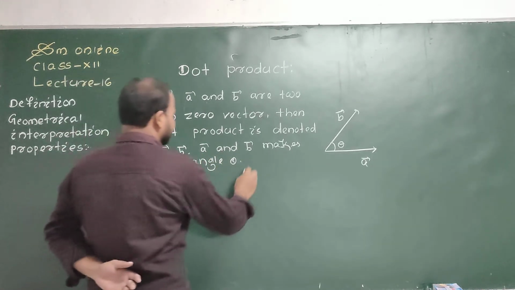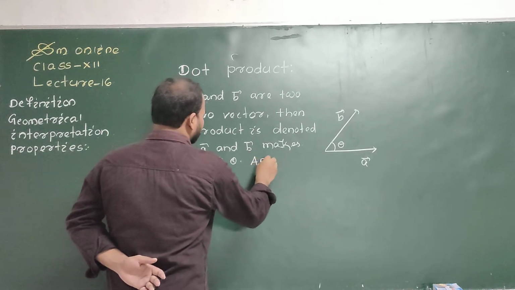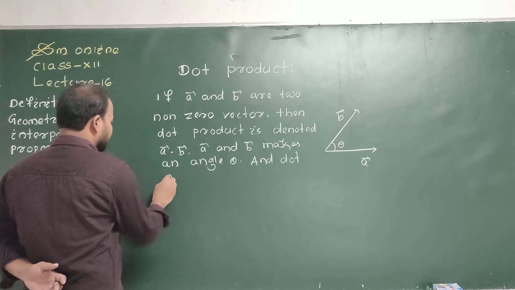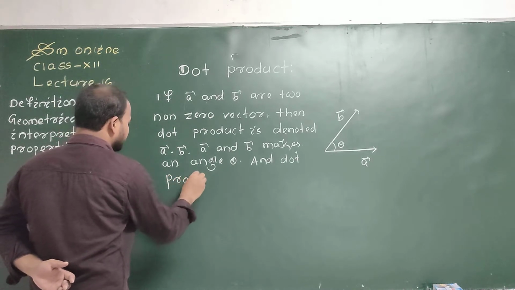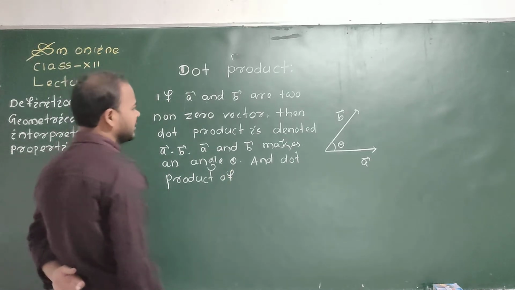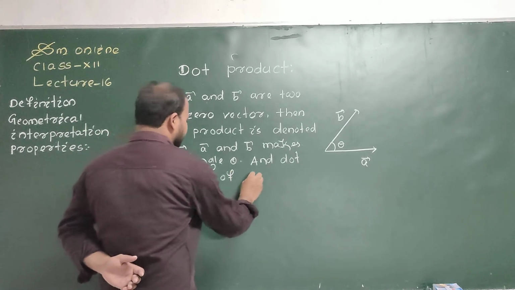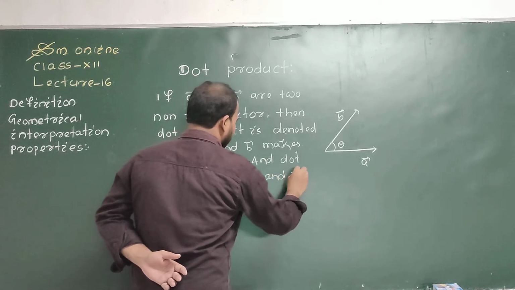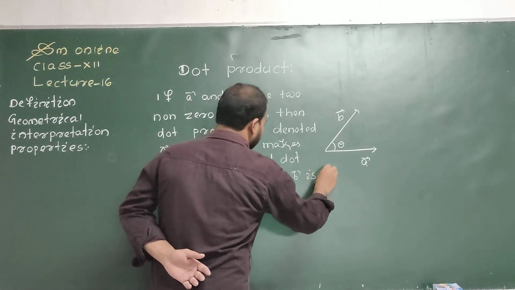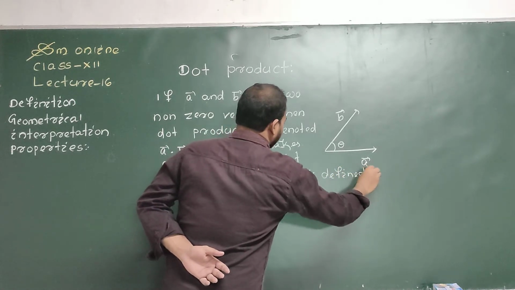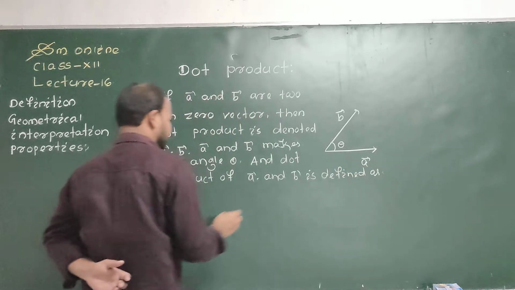The dot product of vector A and vector B is defined as vector A dot vector B equal to the magnitude of A into the magnitude of B and the cosine of the angle between them.